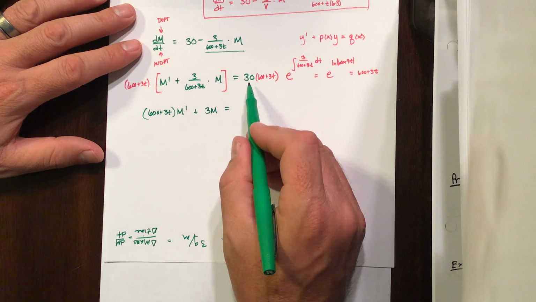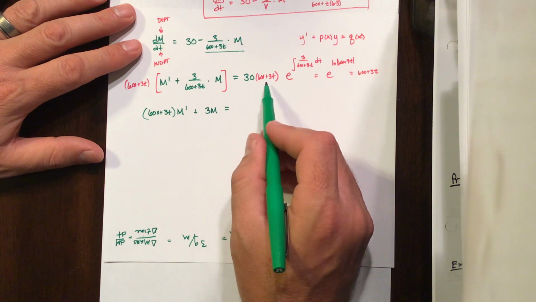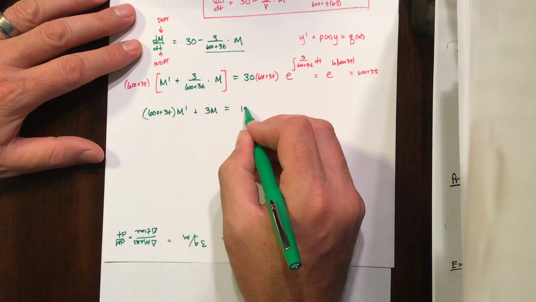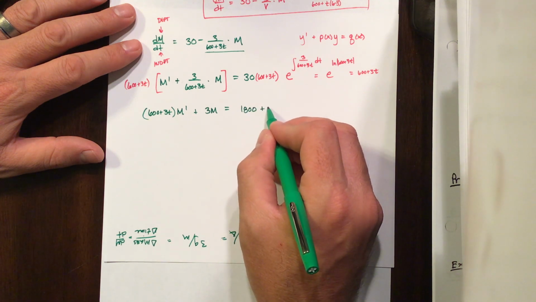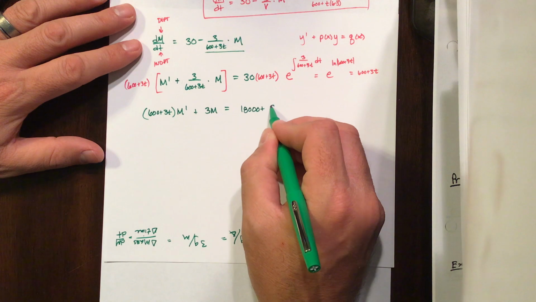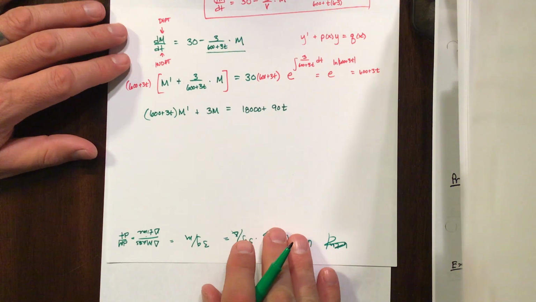So 600 times 30, what's that going to be? 6,000, no, it'd be 18,000 plus 90t. There we go. Hopefully that's the right move to make.